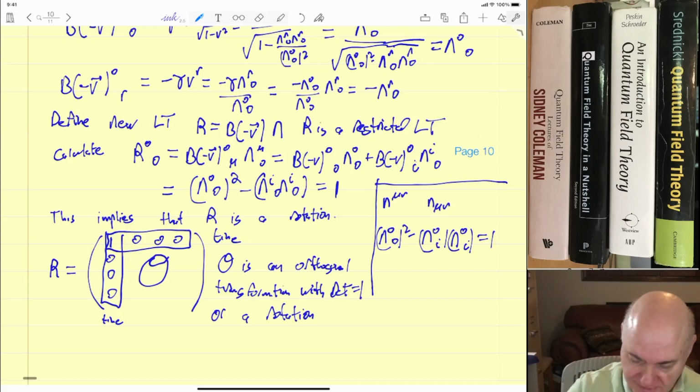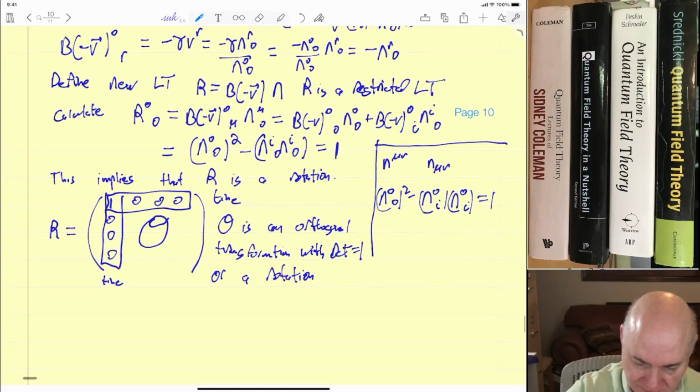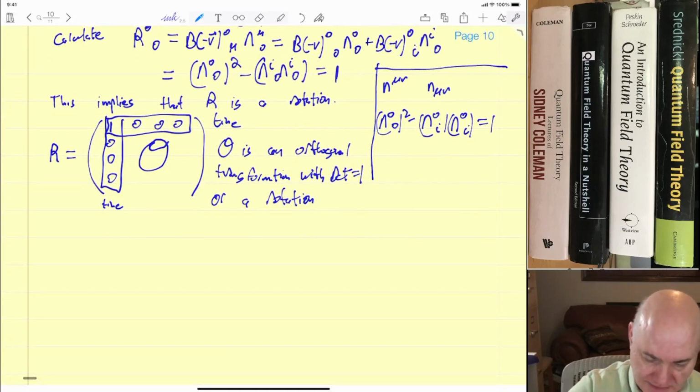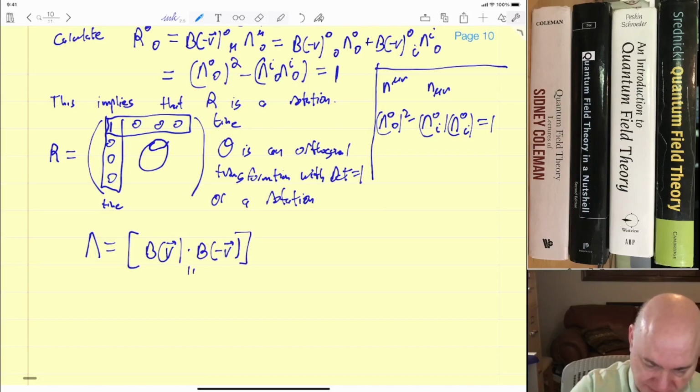I haven't put in every detail on this, but it's pretty obvious. So we've established that R is a rotation. Now we can write lambda, and we're right at the end of the proof. We can write lambda as B(V) times B(minus V), because this is the identity matrix, times lambda.